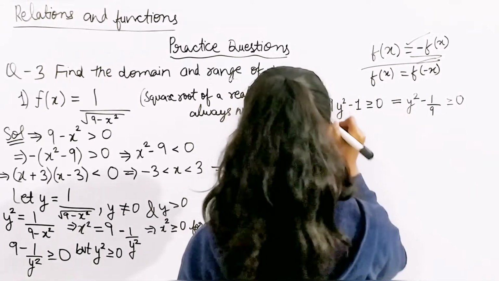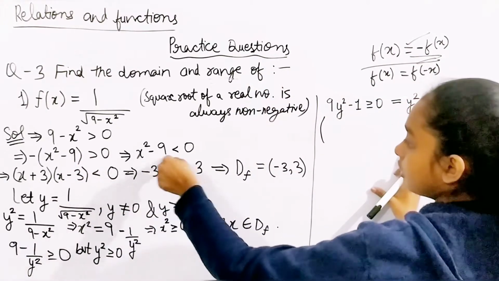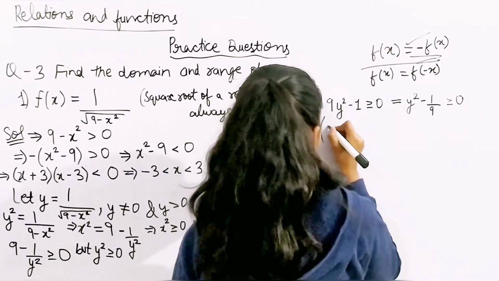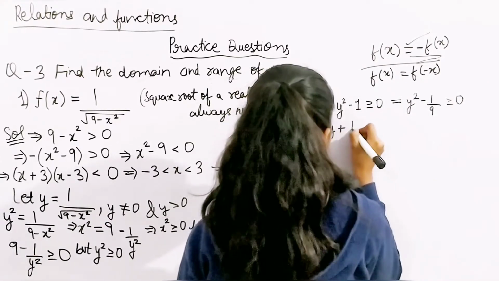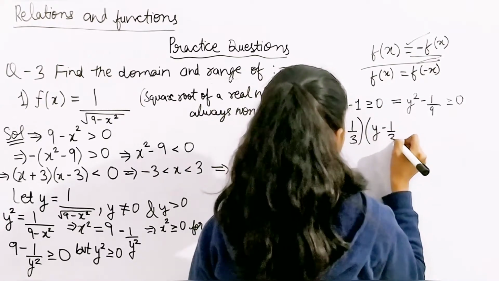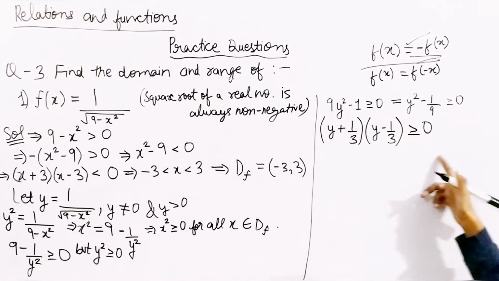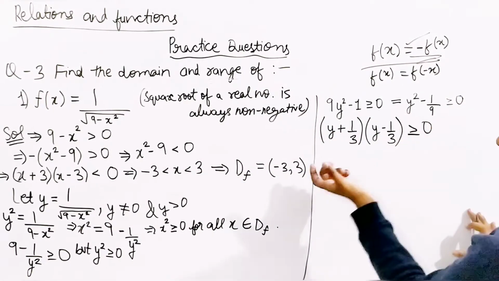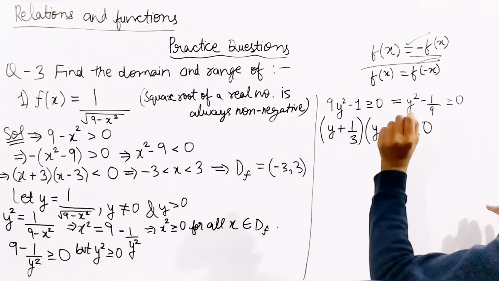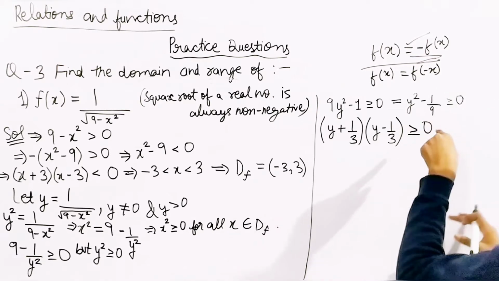So according to this, what we did here relates to 9. I'm going to do the same thing right here. So y plus 1 upon 3 and y minus 1 upon 3 is greater or equal to 0. See, what I did is I just asked you what is the square root of 9?